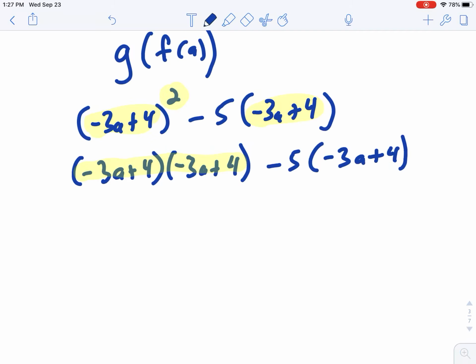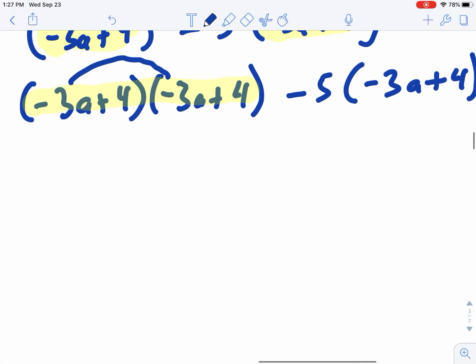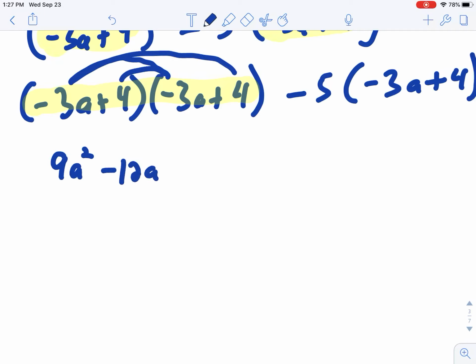And how do you multiply that by itself? Well, we've been there, done that. It's the FOIL method. First, positive 9a squared. Don't confuse my 9 with my a. I know they look a lot alike. Outside, negative 12a. Inside, also negative 12a. Last, positive 16.